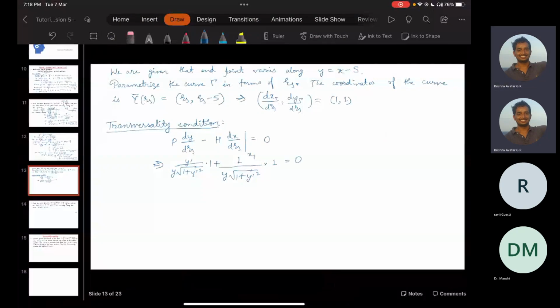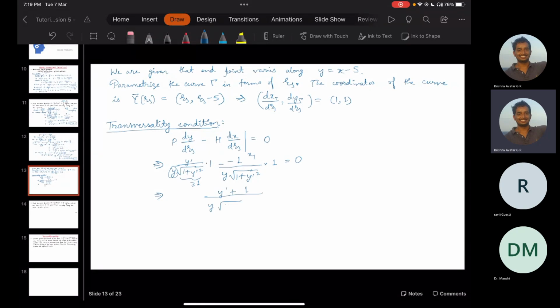What we get from here is, mind that the square root of 1 plus y prime squared is always greater than or at least equal to 1. Also we are assuming y to not be 0 everywhere, because we don't want a trivial solution. So it simply means that y prime plus 1 divided by 1 plus y prime squared is equal to 0.